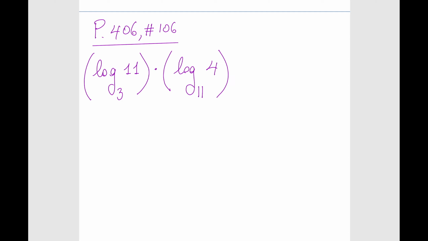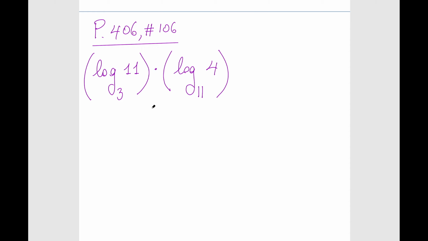So we want to write log base 3 of 11 times log base 11 of 4 as a single log. There are many ways to do it. The answer is unique, but there are many ways to do it.